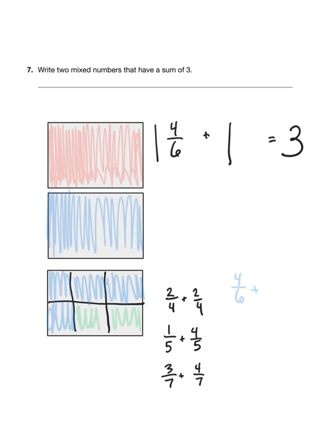So 1 4/6 plus 1 2/6 equals a total of 3. Now we want to start getting into the habit of writing things in simplest form. This 4/6 in simplest form would be 2/3, and this 2/6 in simplest form would be 1/3.